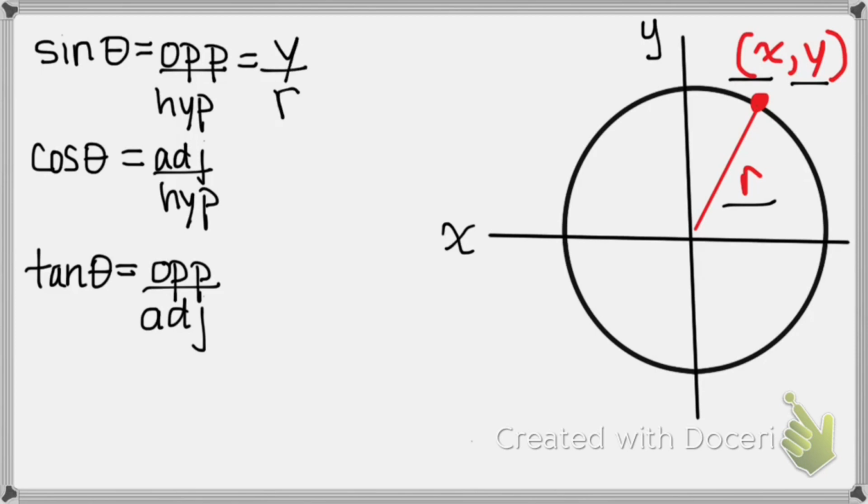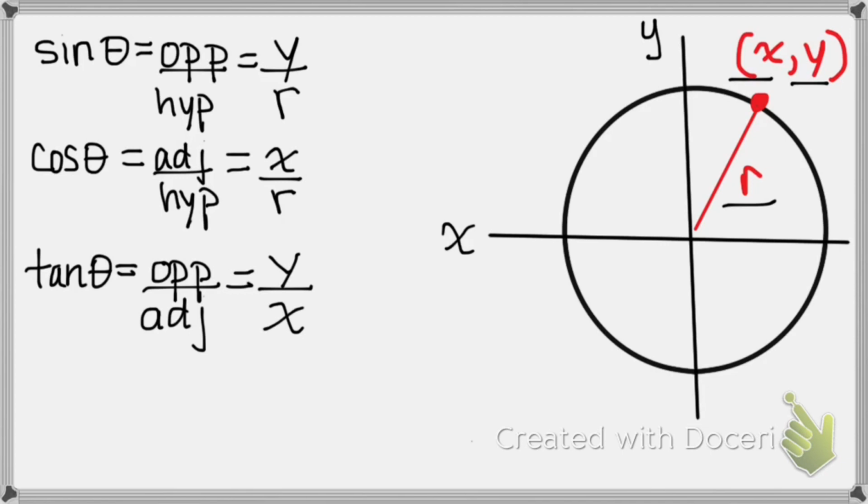So instead of needing an opposite and hypotenuse in a right triangle, we're going to take the y from the y coordinate, and we're going to take the r from the radius, which again, if it's a unit circle, is 1. Continuing, cosine theta is x over r, and tangent theta is y over x.